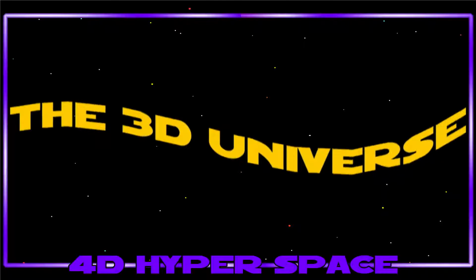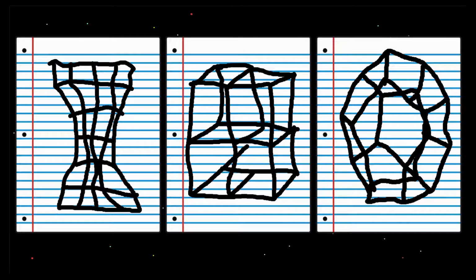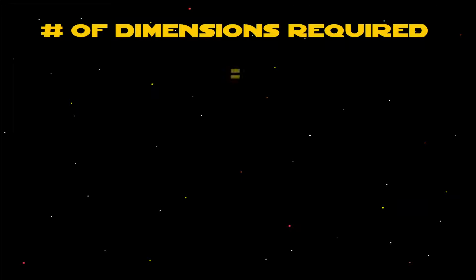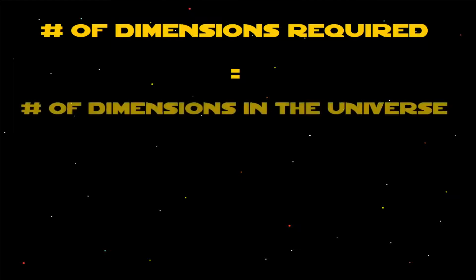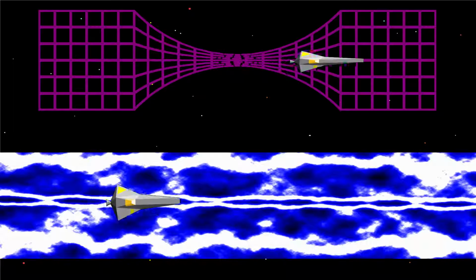This has two important consequences. First, it makes it very hard to draw, which is why we looked at a flat universe. Second, because wormholes require at least one more spatial dimension than make up the universe, traveling through a wormhole could be considered hyperspace travel.